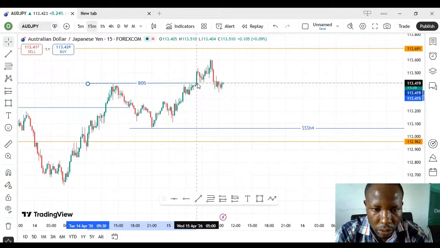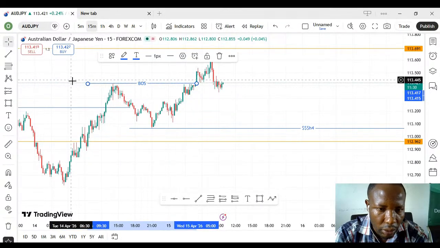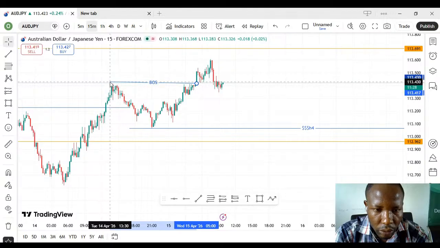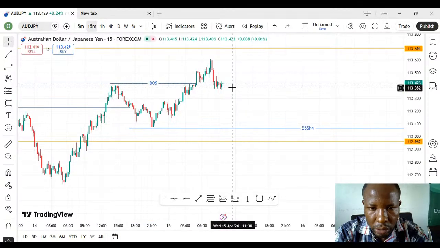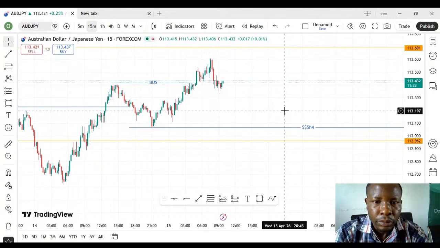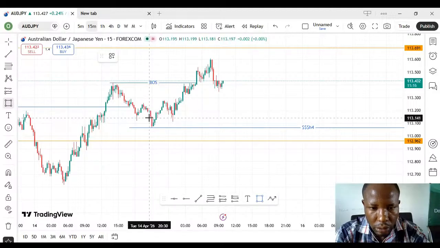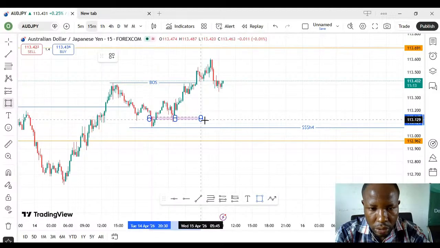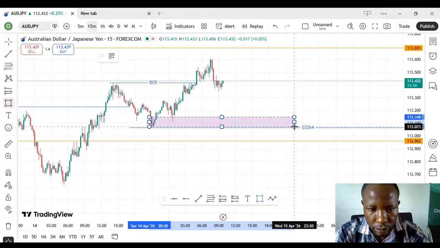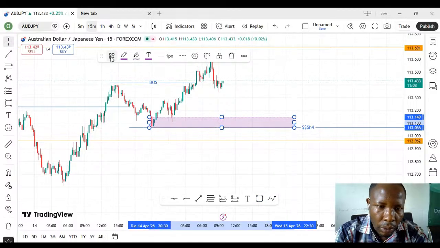Just what you see. If a sign shows that the market wants to reverse, you cannot say otherwise, except you want to lose your money. So this support zone has been mitigated.